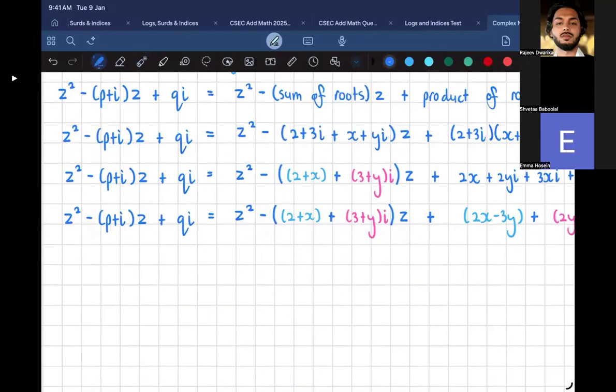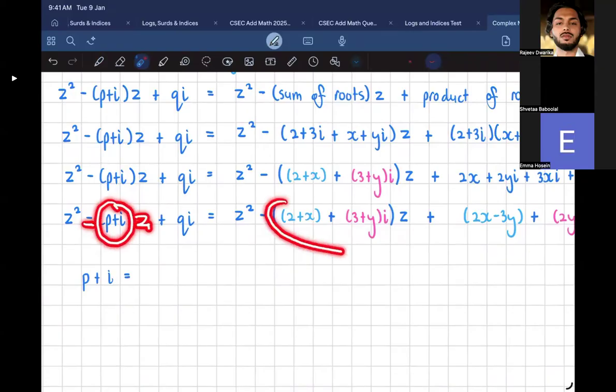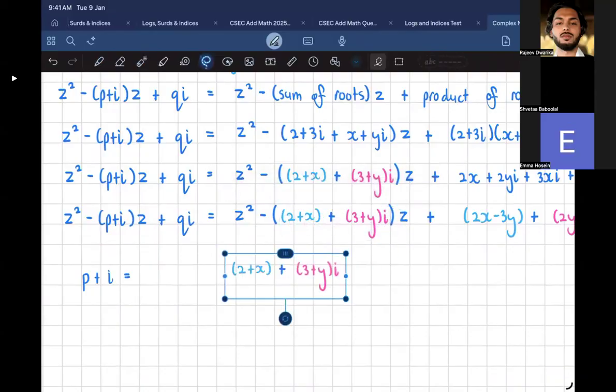So essentially, you would say p plus i is equal to what? Check it out, with the minus z. It'll be open brackets 2x close brackets plus open brackets 3y, so that whole thing over there.